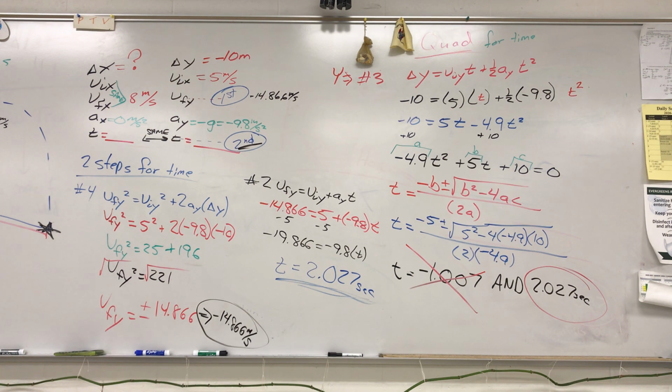Quick survey: 1 finger quadratic, 2 fingers, 2 steps. How many of you think you would solve this problem quadratically? Just like whatever, it's quadratic, we can do quadratic. 1 finger for quadratic, or I'd rather just do 2 calculations to come up with time. So 1 for quadratic, 2 for 2 steps.